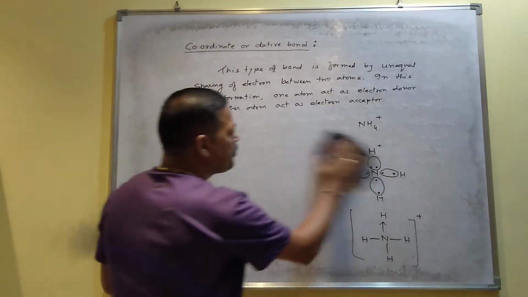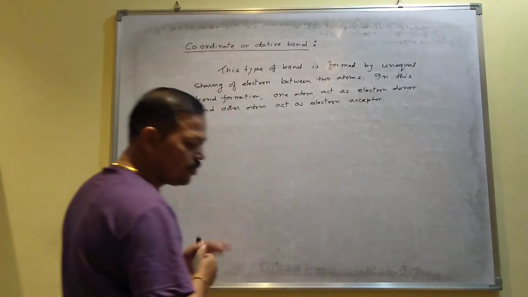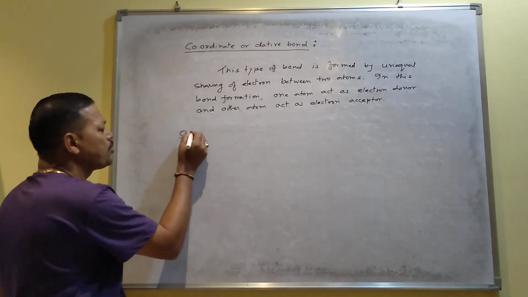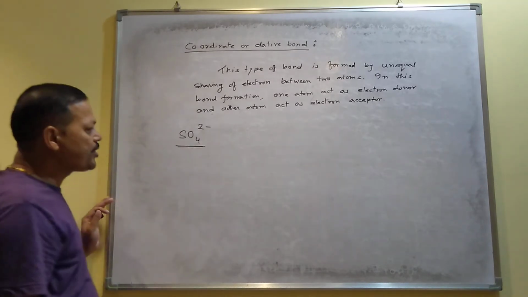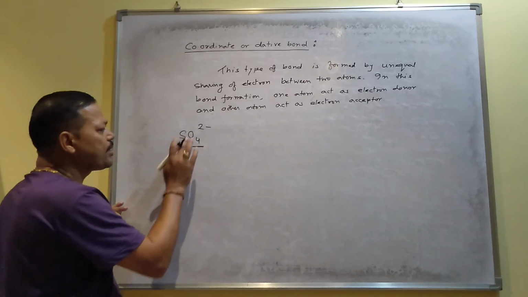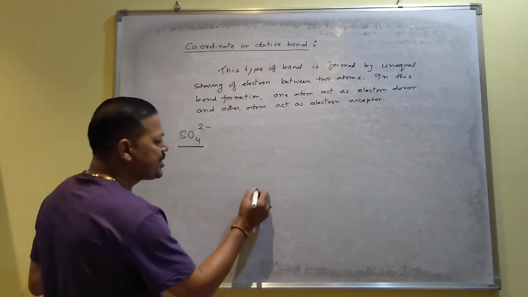I'll give you some other examples to draw the dot picture. For example, this is one ion which is called sulfate ion, SO4 2-. If you want to draw the dot picture of this ion by applying the octet rule, this is sulfur.